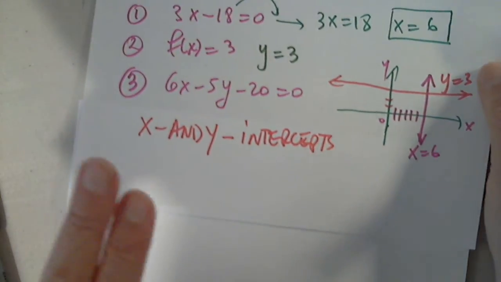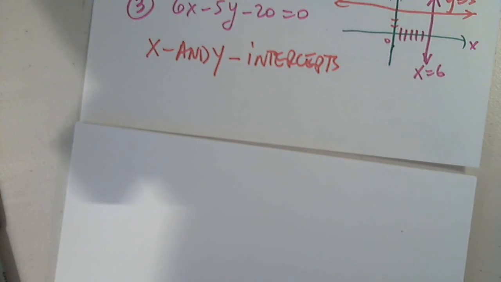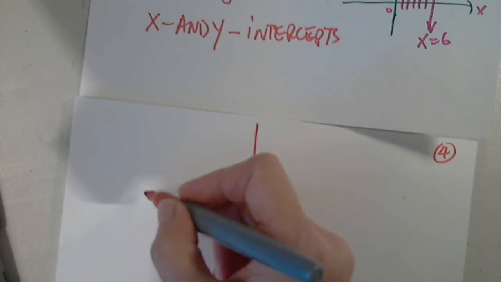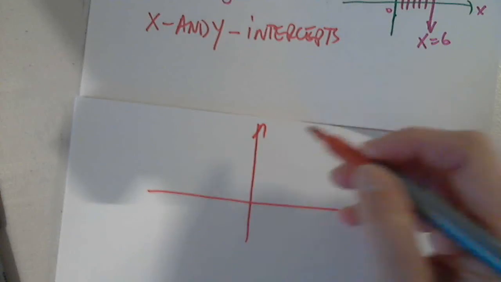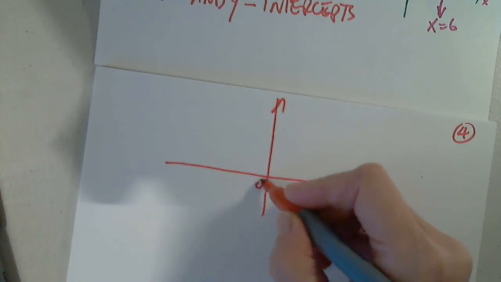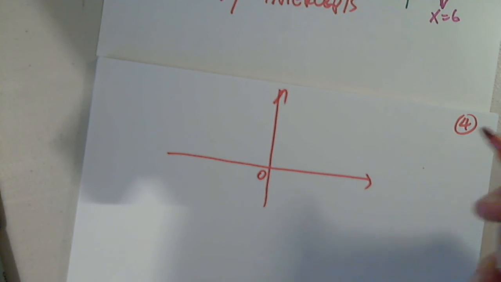So let's talk a little bit about that before we address question 3. Okay, so these are the x and y axes. This is the origin of the coordinate system, also called the Cartesian system.